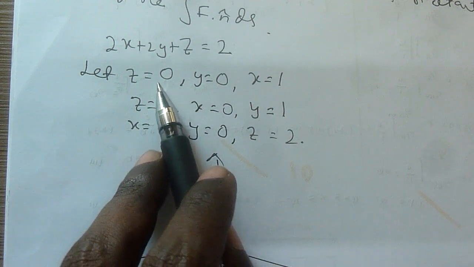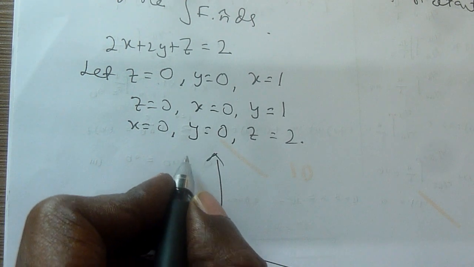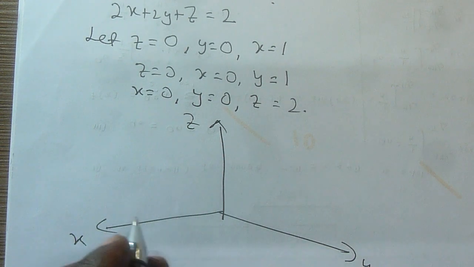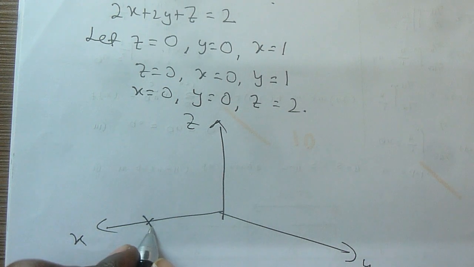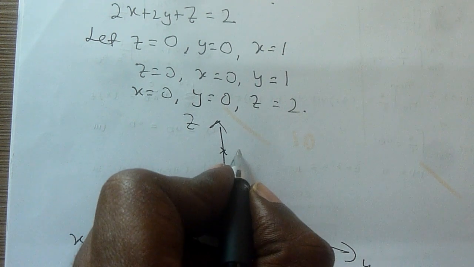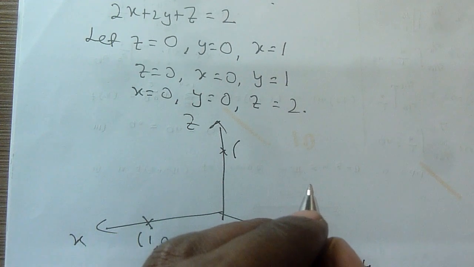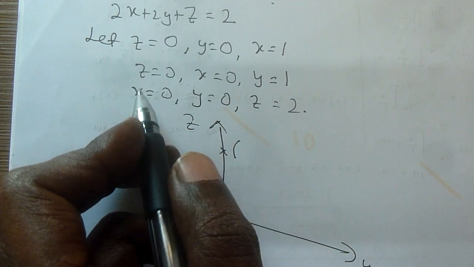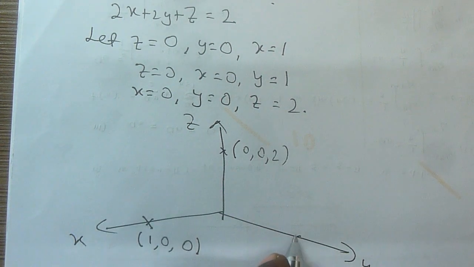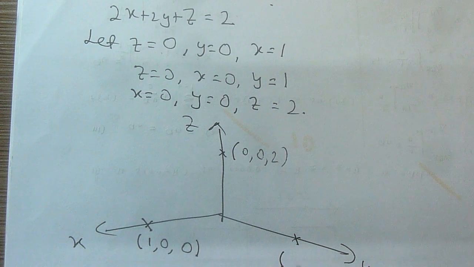Now you see 0 0 1. Let's say this is z, this is the x-axis, this is the y-axis. Therefore, at the x point we have 1 0 0. Here we get z, therefore we get 0 0 2. This is the y-axis, 0 1 0.